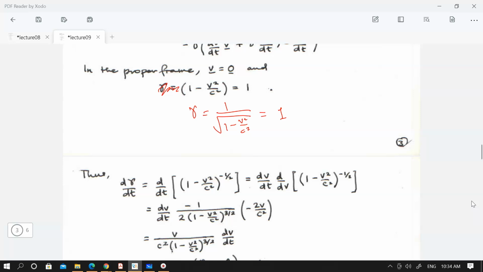So I have dv dt, and then I differentiate that, so I will have minus half. Again, this is just the chain rule, you can check it out later on. So I will have minus half there, and then differentiate inside this term. Remember, minus half, and then I have minus 1 on this exponent here, so that gives you that. Then I differentiate your v inside here, so that gives you minus 2v on c squared.